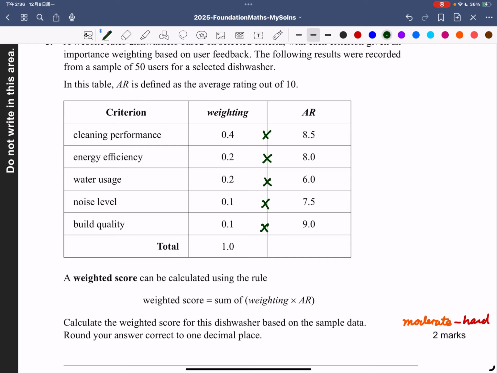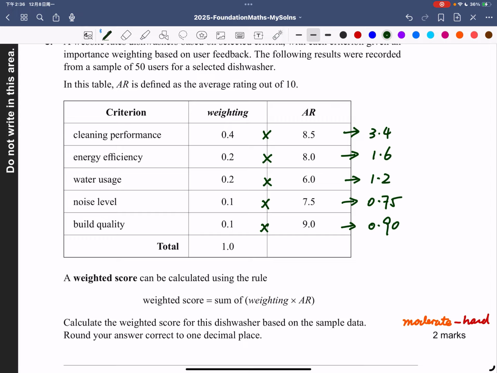All right. I probably would say, okay, 0.4 times 8.5, 0.2 times 8. So that'll give you 1.6, that'll give you 3.4, that'll give you 1.2, that'll give you 0.75, and that'll give you 0.90. So we can add them up. Weighted average.